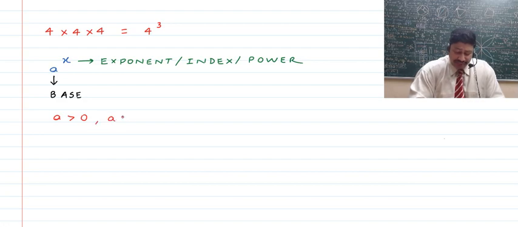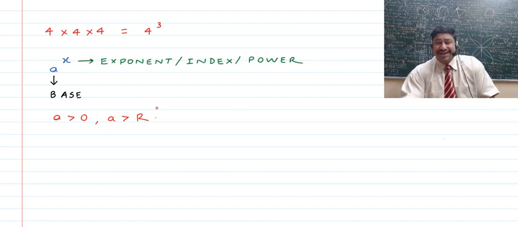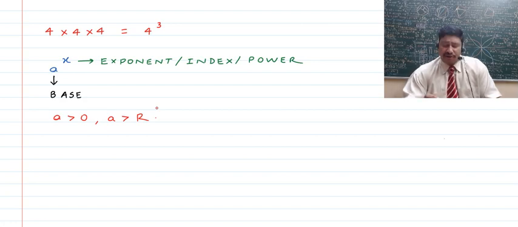So these are two very important factors about a that you should remember. The first is that a should be greater than 0, that is, it should be a positive number, and it can be any number, rational or irrational, from the set of real numbers.